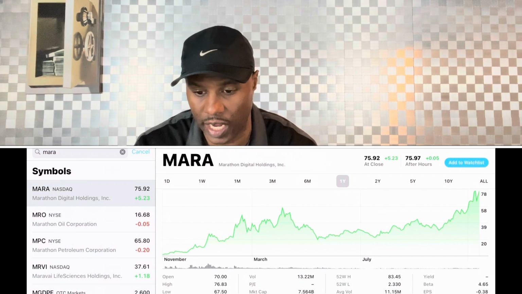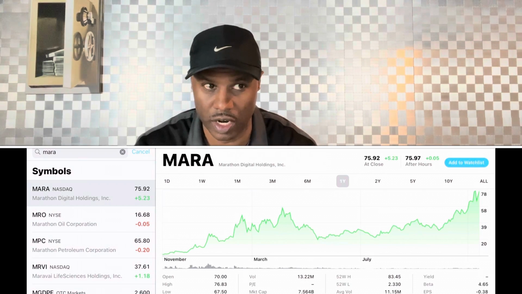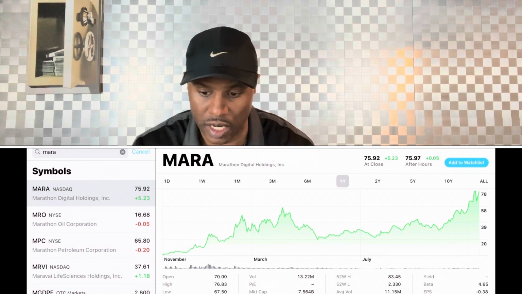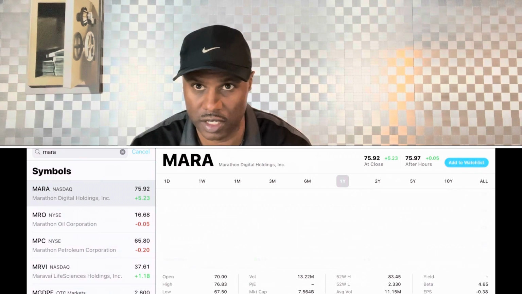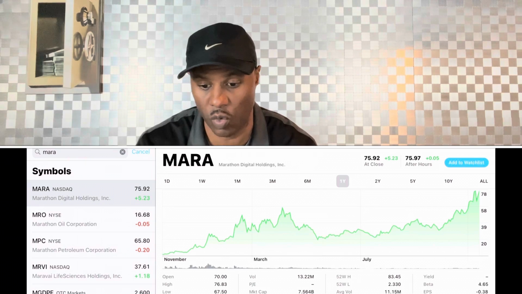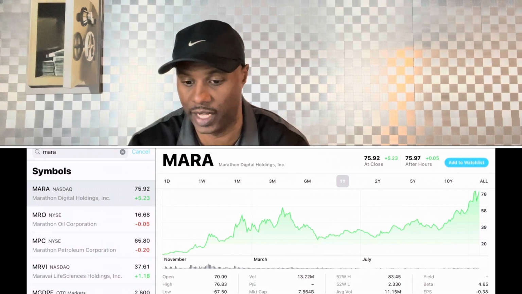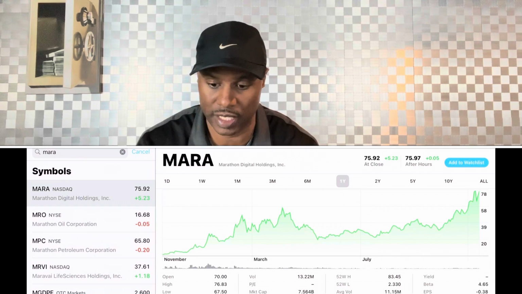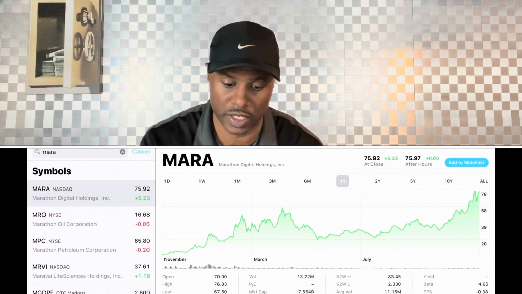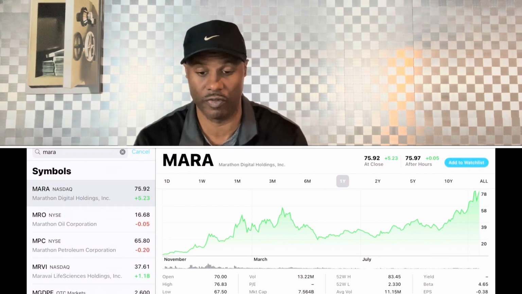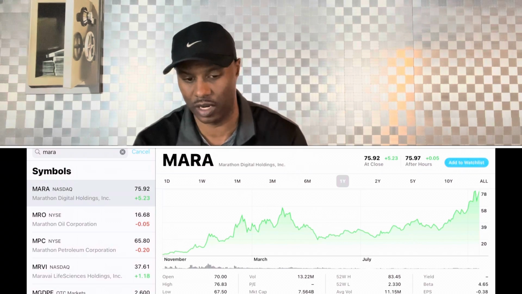Of course, the chart is a graphical representation of the stock's price target. So we're always looking at the past. Nobody can tell the future, but a lot of times a stock chart will give us a good indicator of what the future has in store.